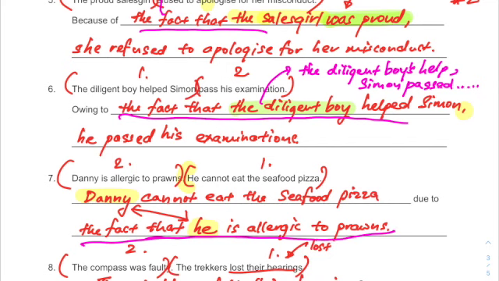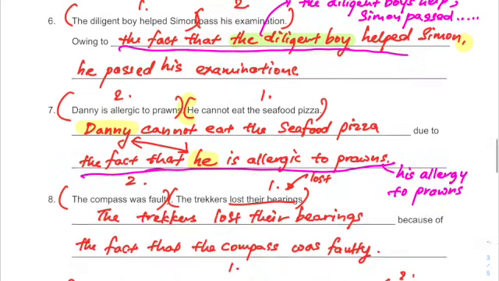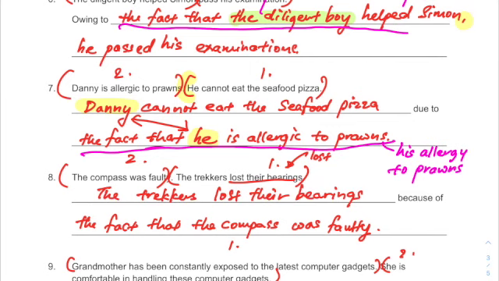Okay, so over here, the fact that he is allergic to prawns due to his, right, so I can change this to due to his allergy to prawns. Right, number 8, I can change this to the faulty compass.